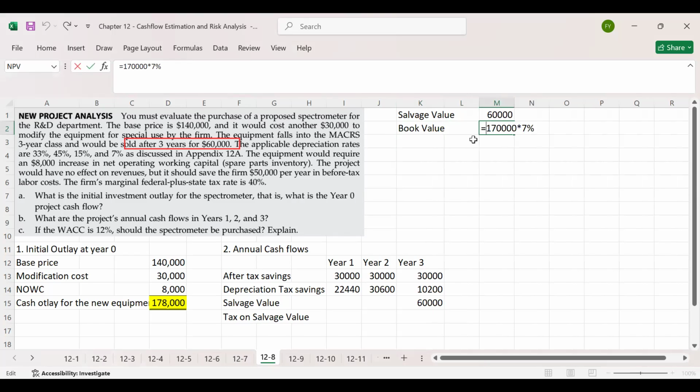So the difference between these two is 48,100.